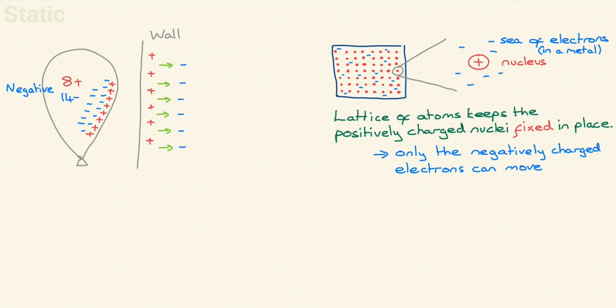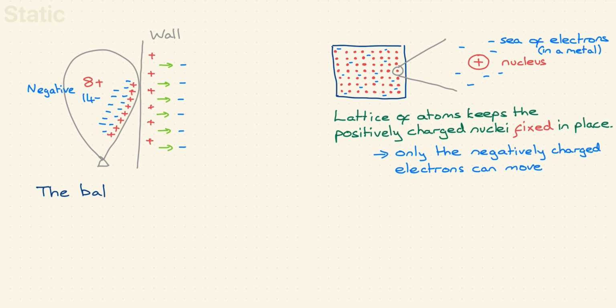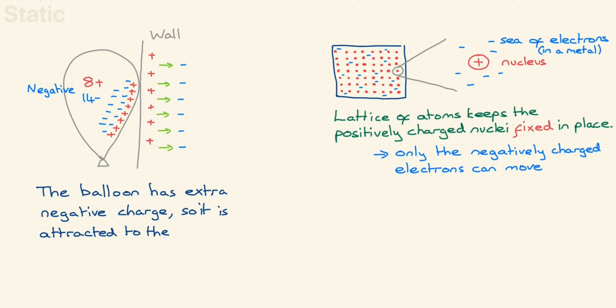It also attracts a positive charge in the wall, but the positive charge is fixed in the lattice, so it cannot move. The balloon can move though, and it is attracted to the wall and sticks there. The excess charge in the balloon is attracted to the positive charge at the surface of the wall, and they stick together.